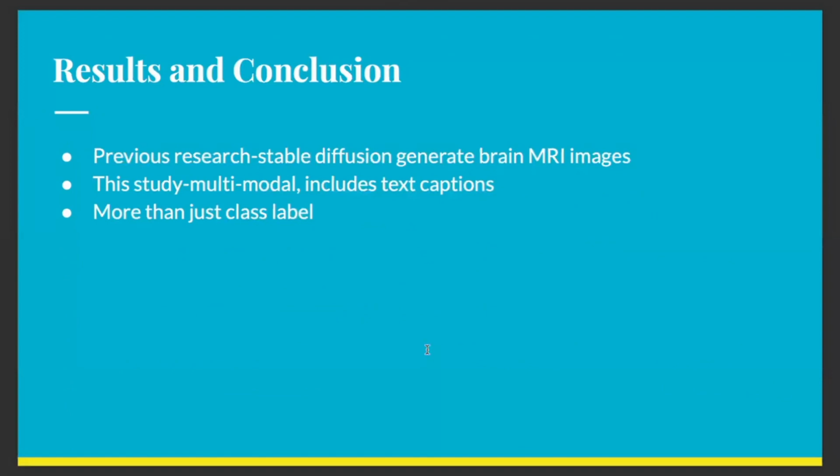Also, there has been previous research using Stable Diffusion to generate brain MRI images from simple labels. But this study, which was multimodal, used text captions to generate images, which can be more than just a class label of disease or no disease, but can include all sorts of different text captions from the radiological report.